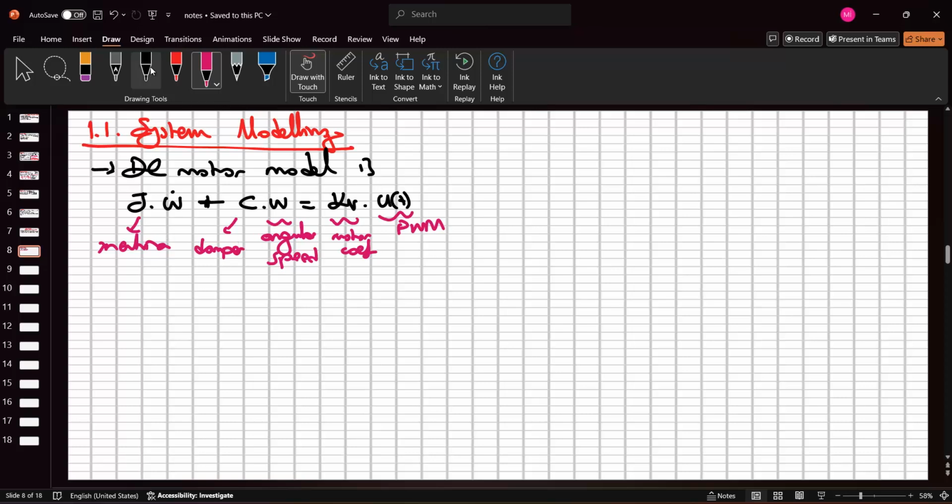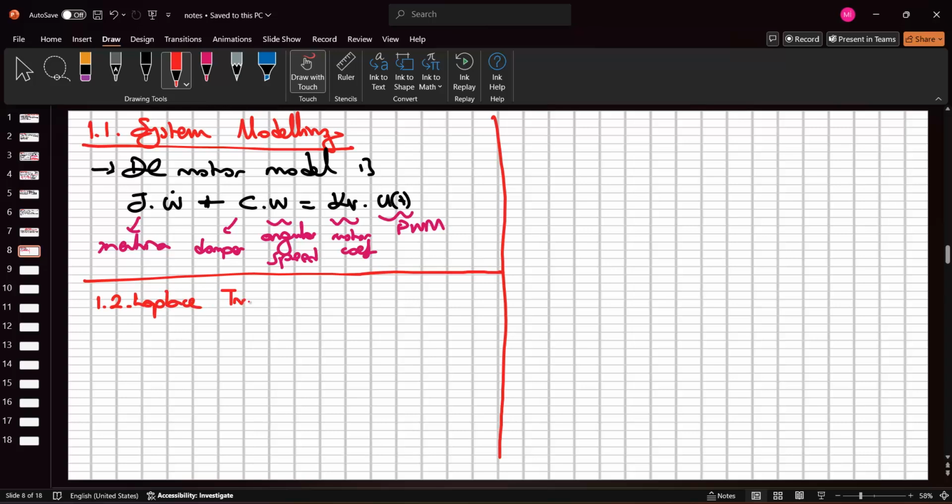Okay, and so we need to write this form into the Laplace transformation. The Laplace transformation should be applied on this equation, and also we need to obtain the transfer function.